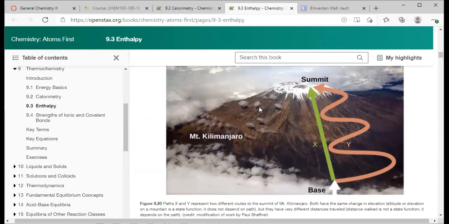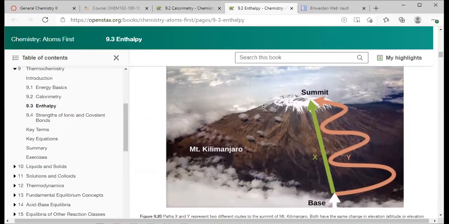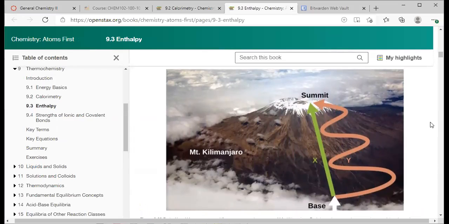Yeah, right here. Everybody see a picture of Mount Kilimanjaro in front of them? Mountain climbing tends to happen one of two ways, either by the shortest path or the most convenient path. The shortest path is the path straight up from the base to the summit.